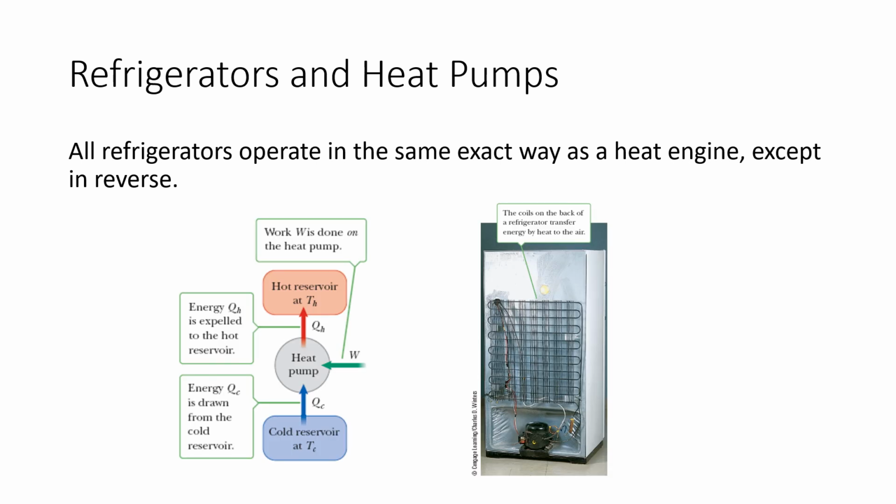It brings work in and pushes it out into the hot reservoir. So behind everyone's fridge, there are these pipes, running inside of your fridge, becoming the same temperature as the inside of your fridge, and then coming out of your fridge, pushing all of that energy out into your kitchen. So your fridge is actually making your kitchen warmer because it is separating the temperatures from inside of the box.